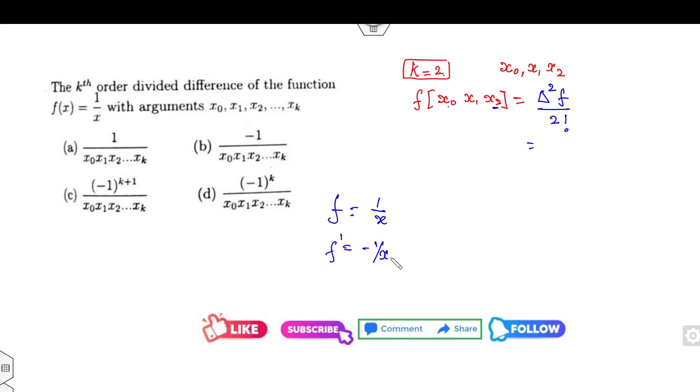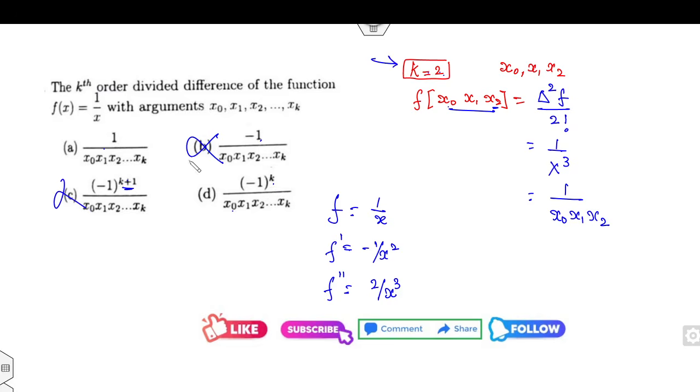The first derivative is minus 1 over x square, the second derivative is 2 over x cube. So 2 factorial will be cancelled, leaving 1 over x cube. There are 3 points. So now you can see it's a positive, it's a negative, cancel. K is 2, it's a negative, it's a positive. Now both are the same.